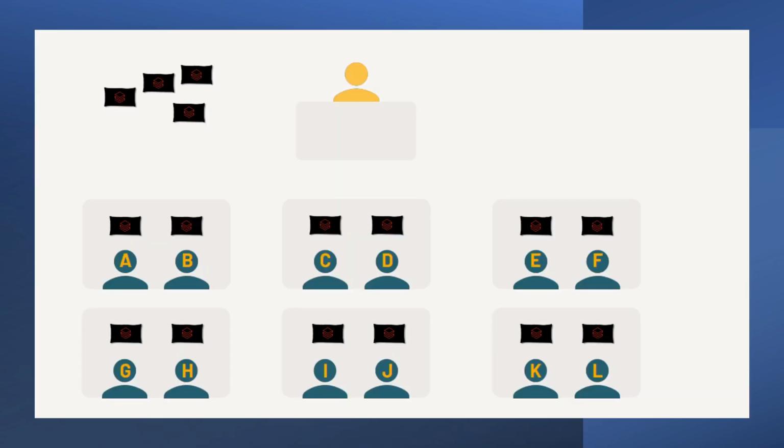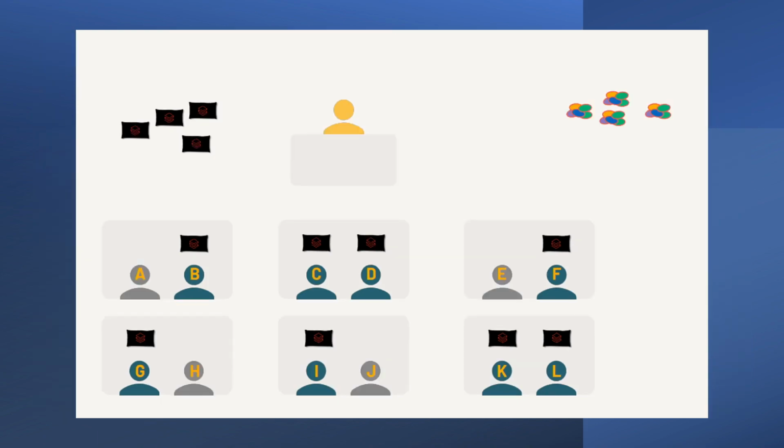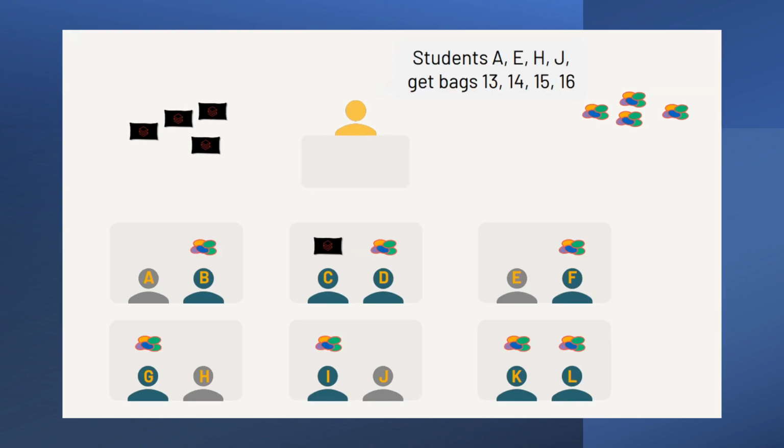In the next slide, as you can see, the students are working on their tasks individually. Some of them finish faster than the other ones, right? And they remain idle. So what does the teacher do? He assigns more tasks to the students. So students A, E, H, and J get the rest of the bags, while the other students are still working on their first task.